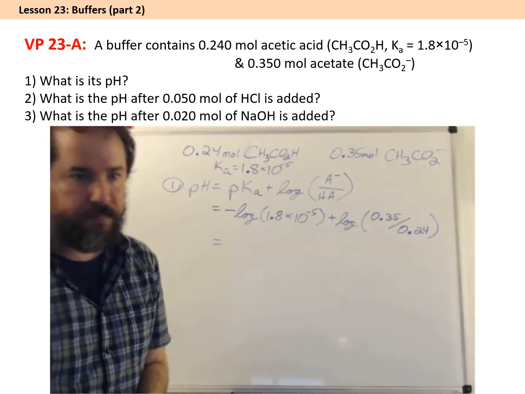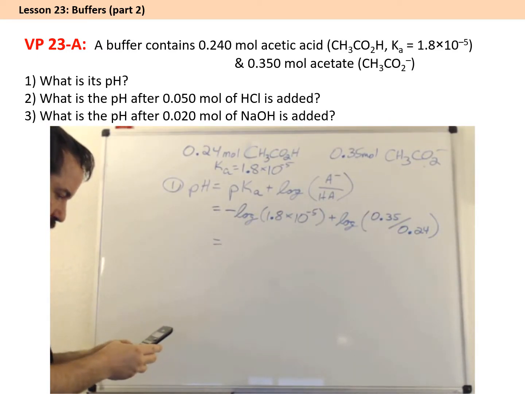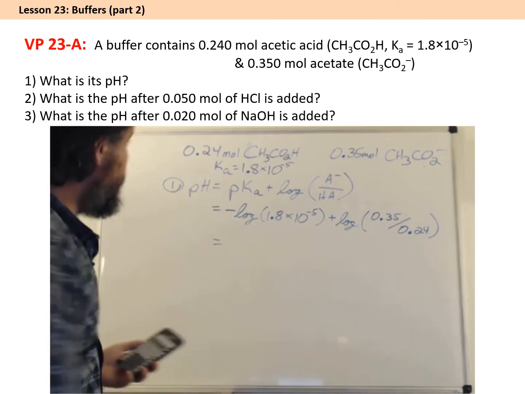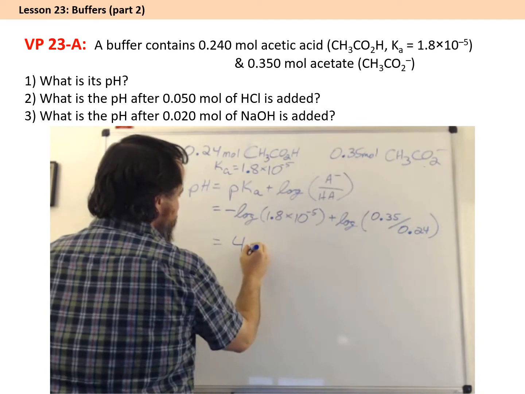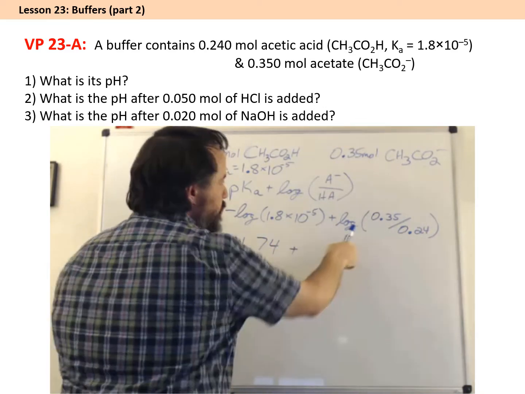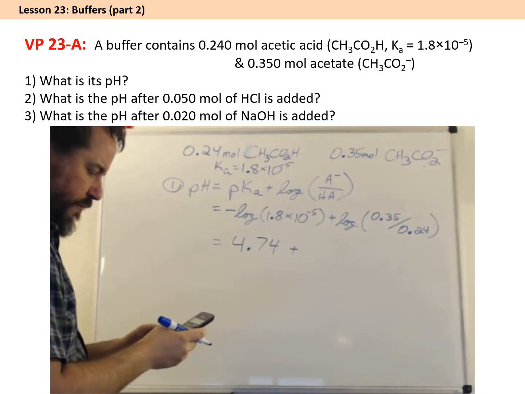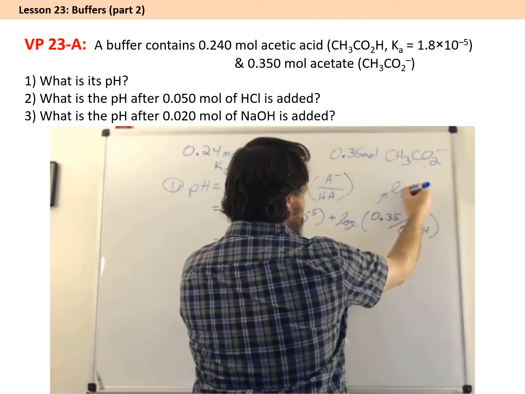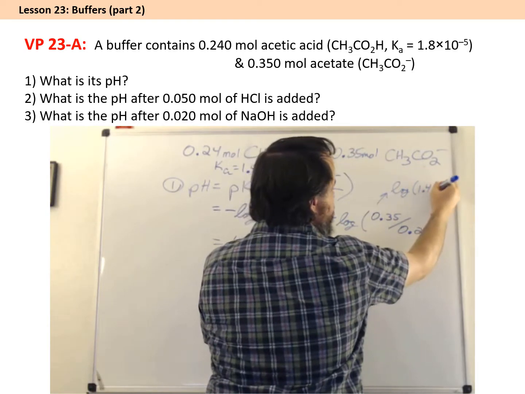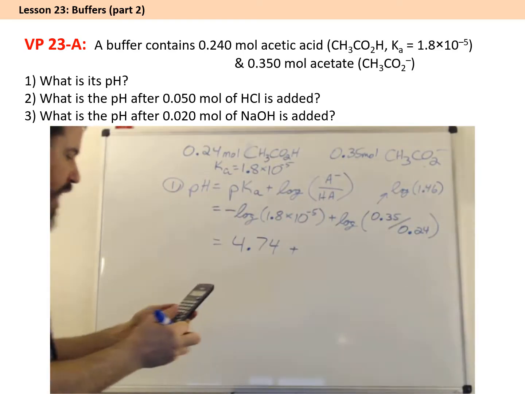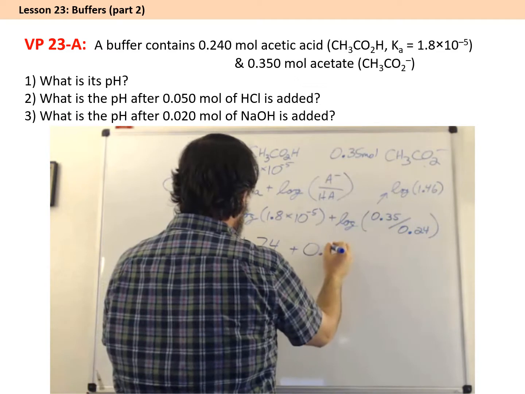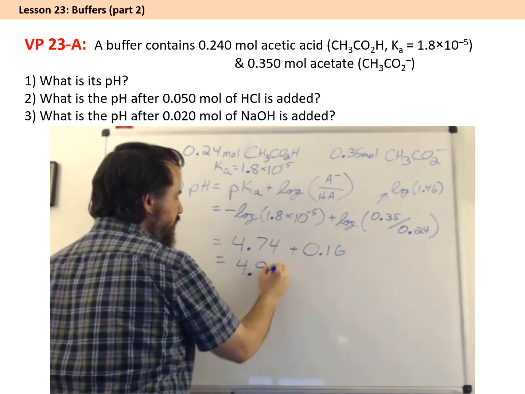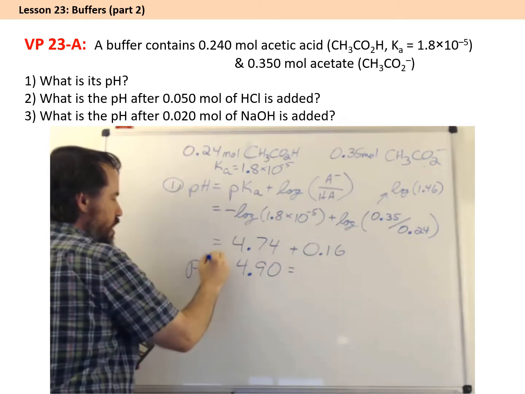So the log of 1.8 times 10 to the minus 5 gives 4.74, plus log of 0.35 over 0.24. This is log of 1.46, which gives 0.16. So that's going to get me a pH of 4.90.